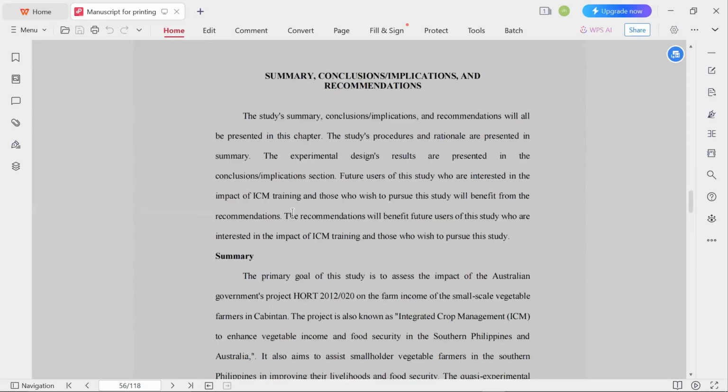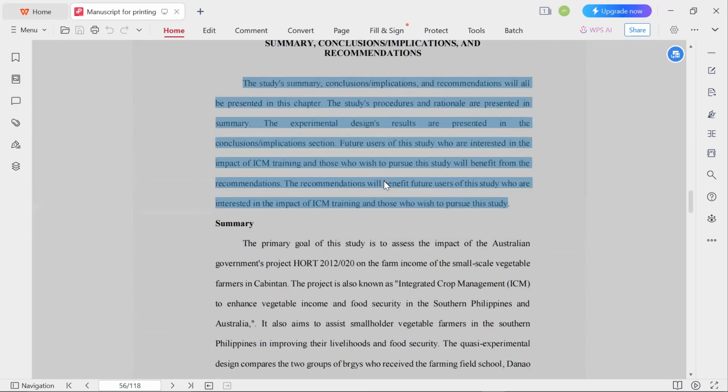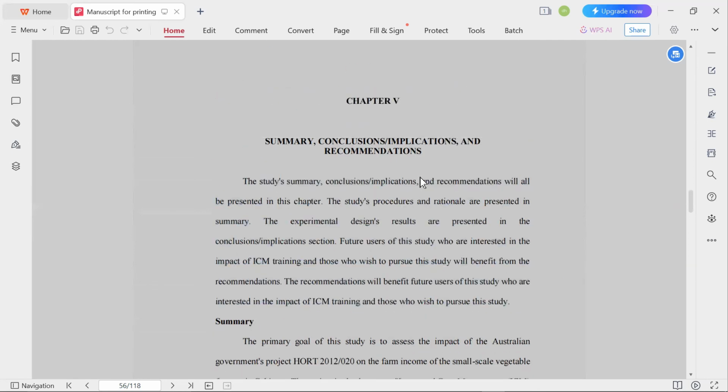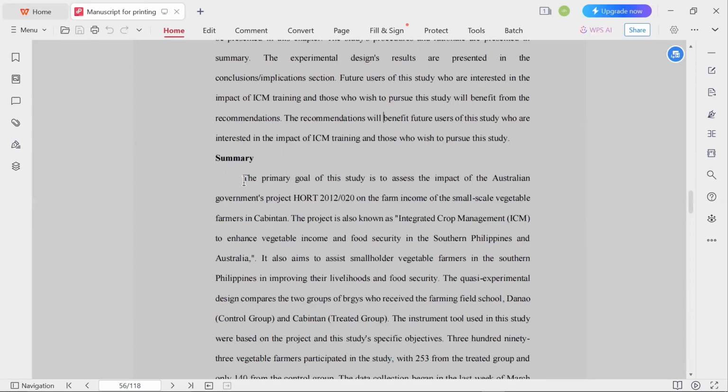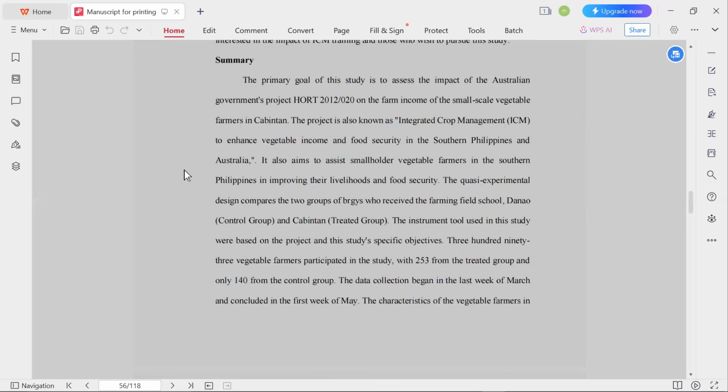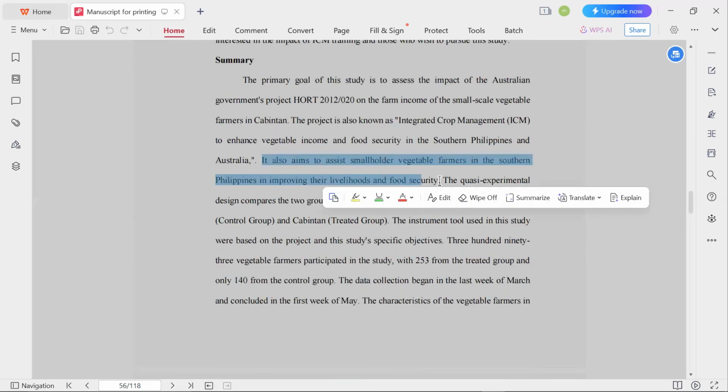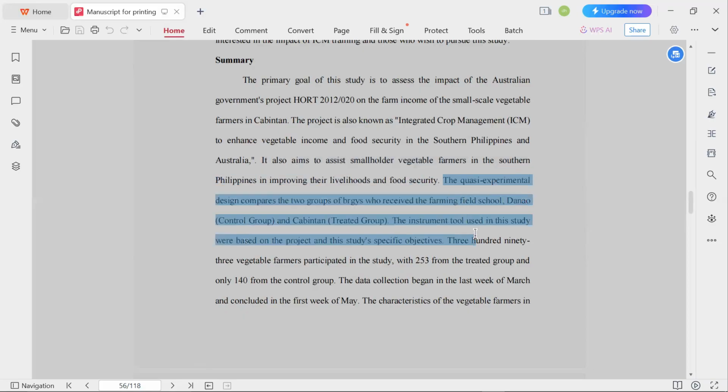And then for the summary, conclusion and recommendation, you will have an overview of this chapter. So that is the first paragraph. For the summary, you mention the goal and then the specific goals, and then the research design and the place.